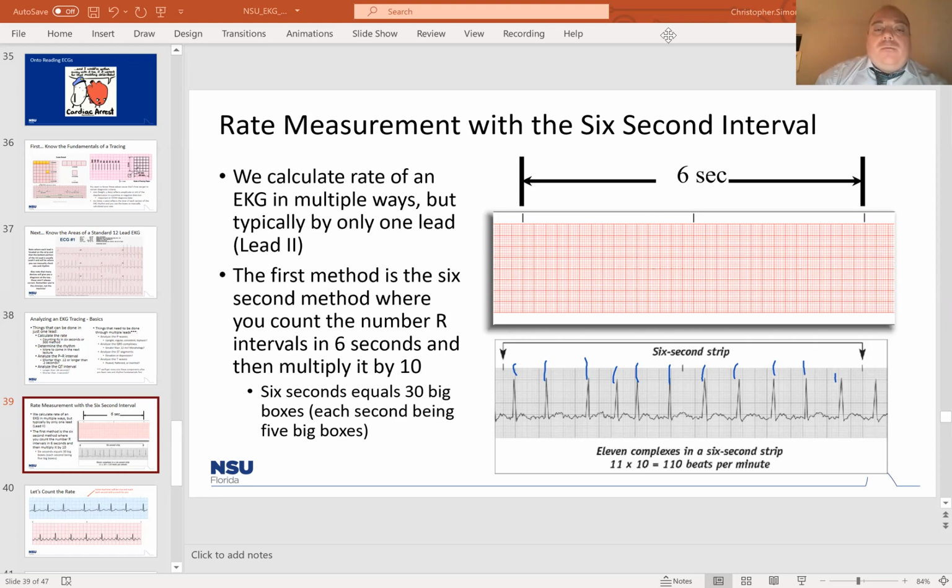Get rid of my pen so I can move the screen here. Hold on one moment, having a little bit of technical difficulty here. So going back to this PowerPoint, guys, I was just reading off the PowerPoint.